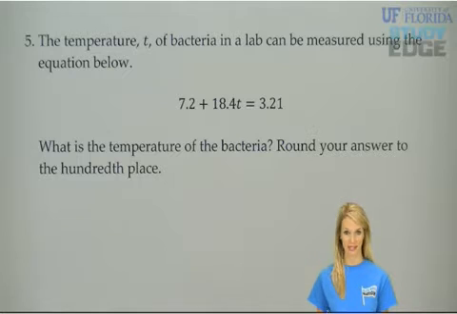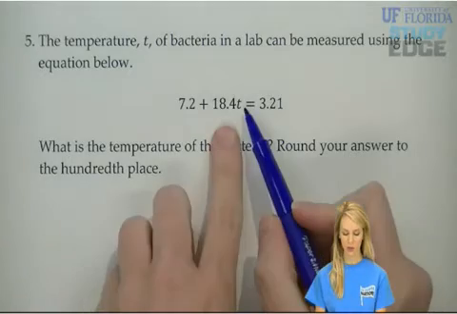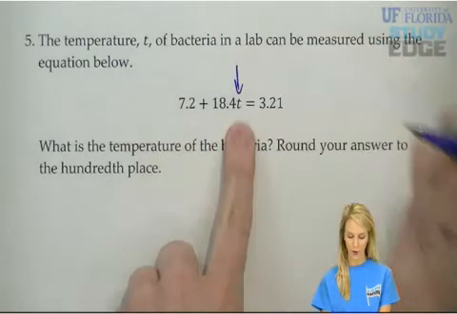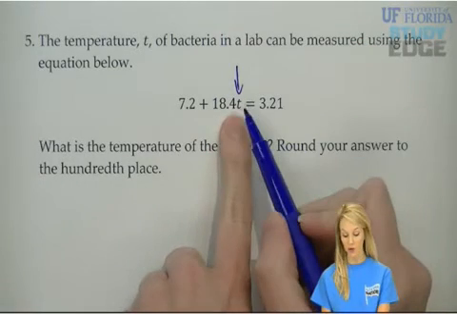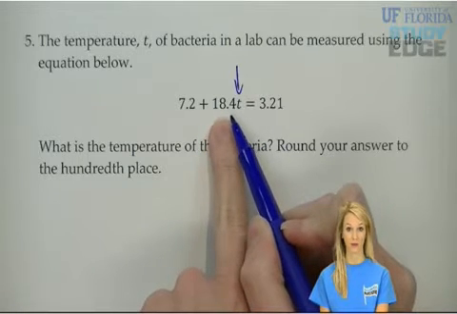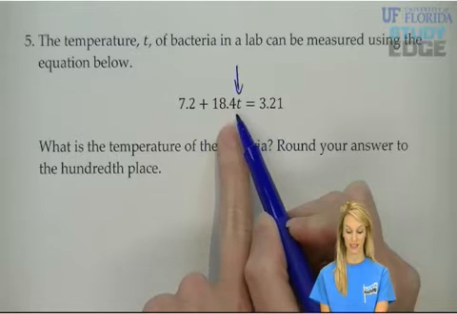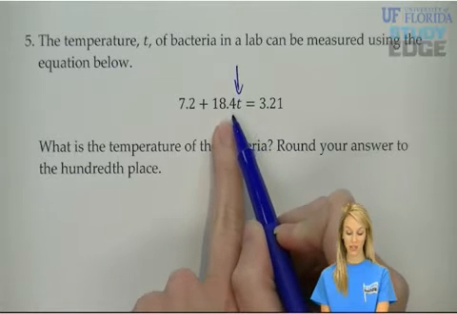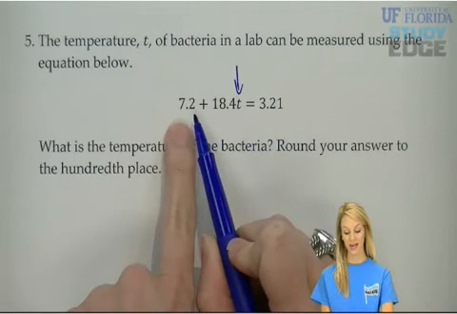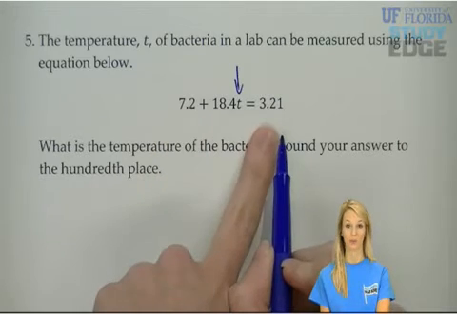Alright, so let's not worry about decimal places yet. Let's look at this equation we have right here and figure out how to solve for T. What this equation is saying is, we don't know what T is, but if we take the temperature of the bacteria, multiply it by 18.4, 18.4 T, same thing as 18.4 times T, and then add on a positive 7.2, we'll get 3.21.